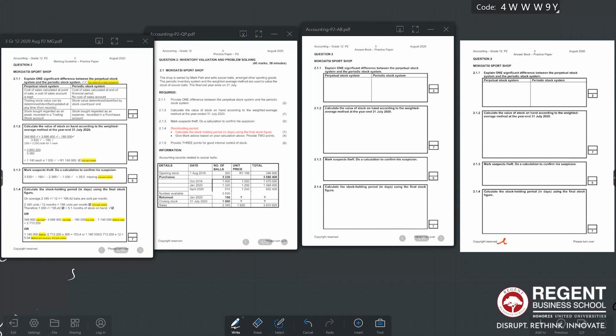So I end up with 3,380 at the bottom. So take 3,853,200 divided by 3,380, and that will give you the average price of one soccer ball of 1,140. That's the price of one.